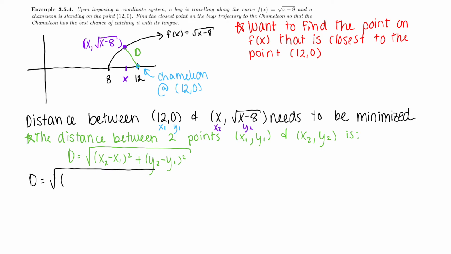So x2 minus x1 is x minus 12, quantity squared. I'm just plugging in these values to this distance equation, which is what we're minimizing. Plus y2, which is the square root of x minus 8, minus y1, which is 0.